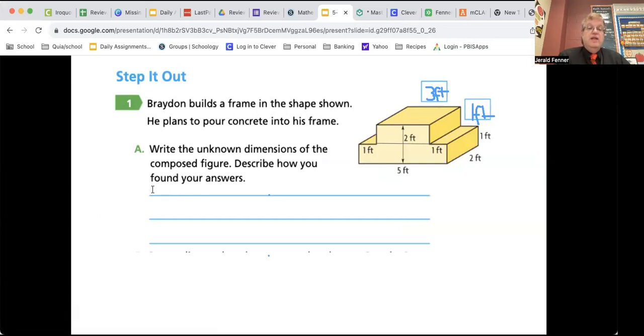So you can write, I found 3 feet by subtracting, let me extend this a little bit over here so we'll have more room, 5 feet from 2 feet.